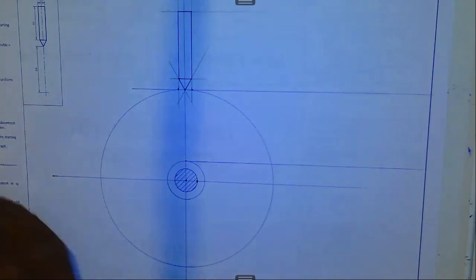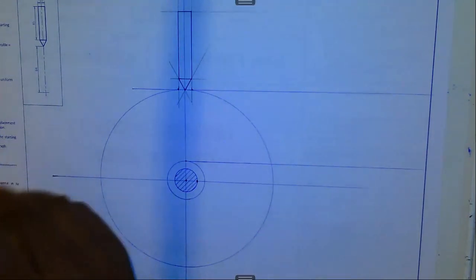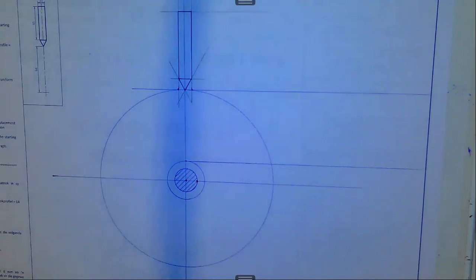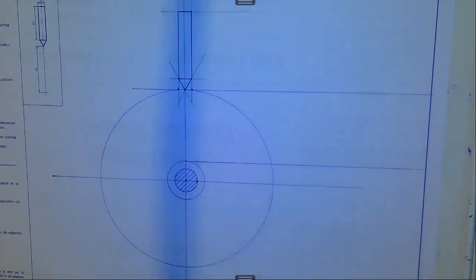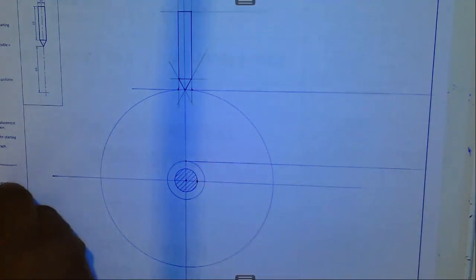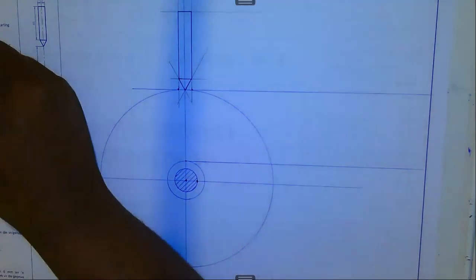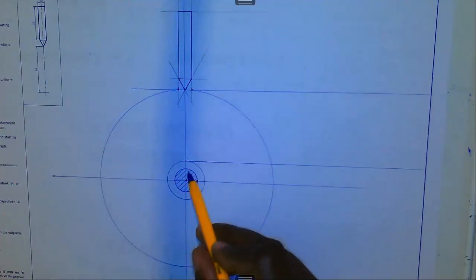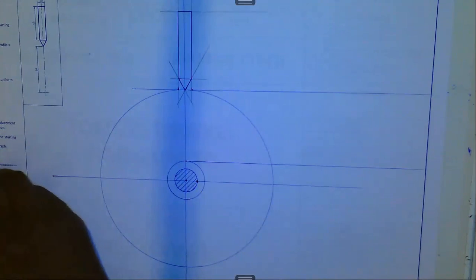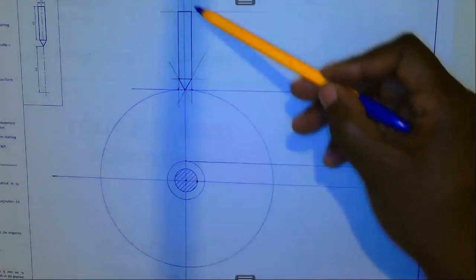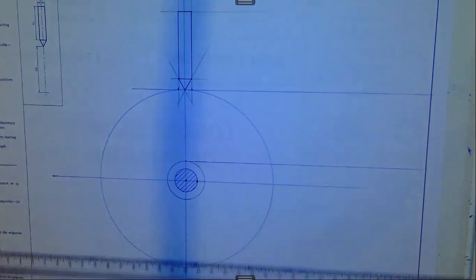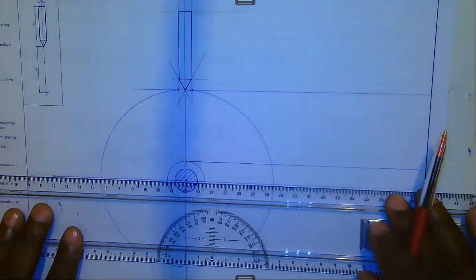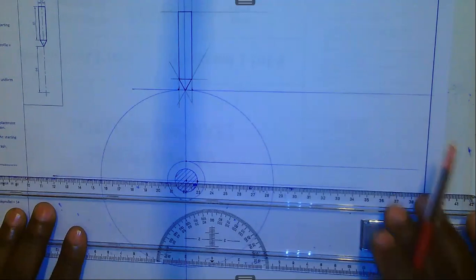What we have done, we have defined the minimum diameter, so you can tick there. The minimum diameter, which is the distance from here to there, which is 14. We have also defined the camshaft diameter. We have also drawn the wedge-shaped follower, as given. The moment you have done this, you can also come here now and show the center line.